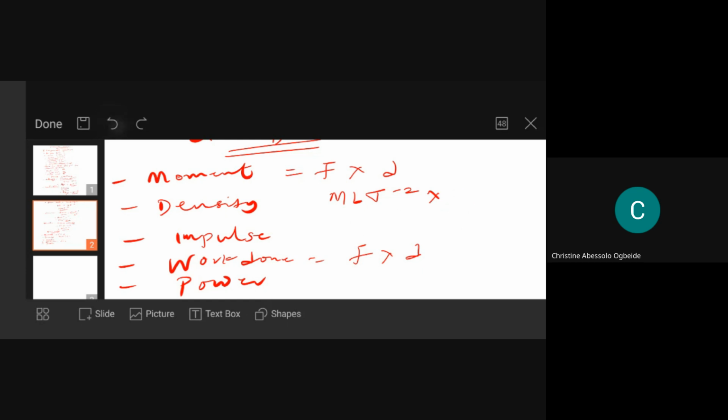Now, what about the density? How do we write density? Density is simply mass over volume. Anytime we talk about the density of a substance, we are talking about the ratio of the mass of the body divided by the volume of that body.